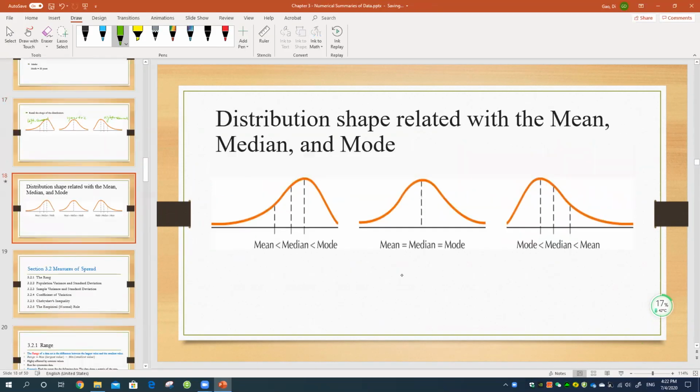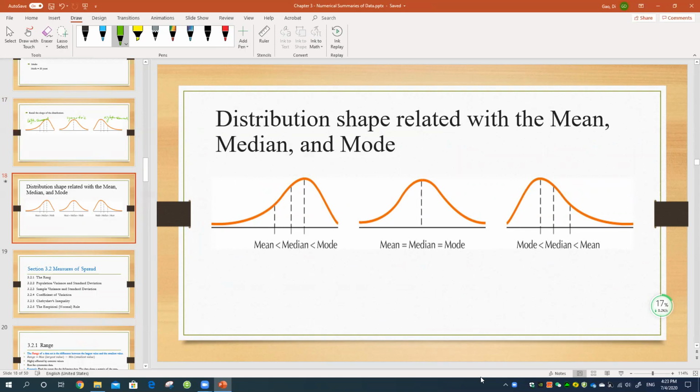And then how is the distribution shape related to the mean, median, and mode? So this is what we have. If we have the mean smaller than median, smaller than mode, why is it like that? Because the median is always located right in the middle of the data set.